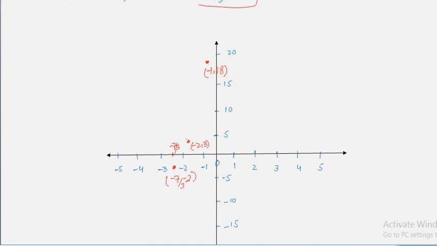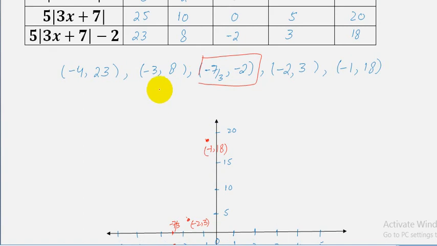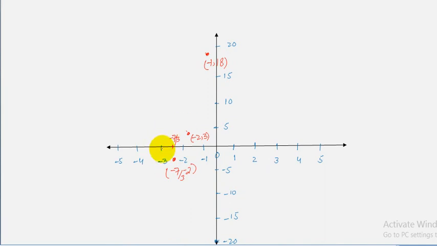Now we plot the points on the other side of the vertex, which is minus 3 comma 8. X is minus 3 and the value of y is 8. So this is our next point.